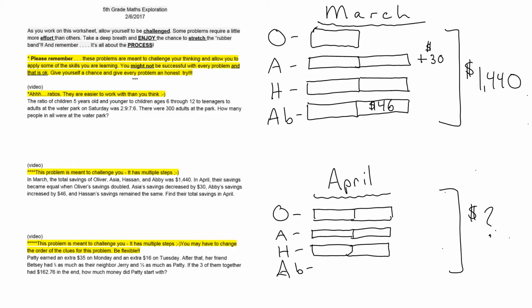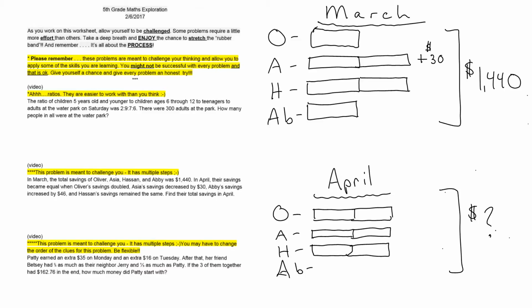And that kind of raised the red flag right away because 46 times 7 gets us nowhere near 1,440. So after reflecting on my work and thinking about what I was doing, I realized that this is definitely not set up correctly. So, let's see if we can go back and fix Abby's.